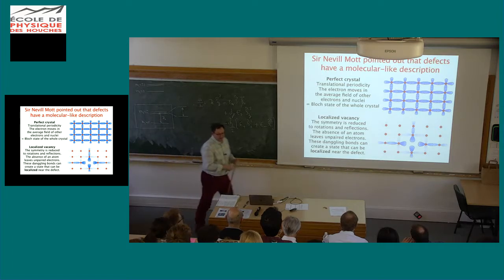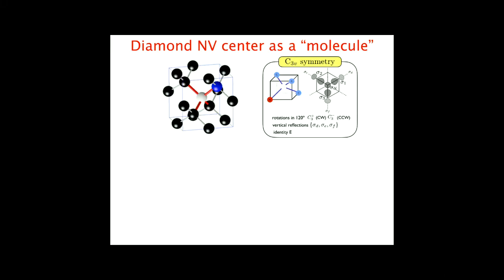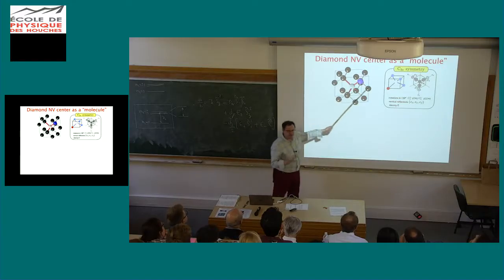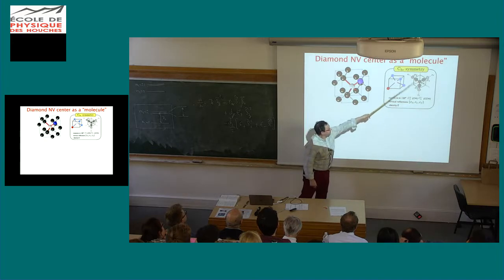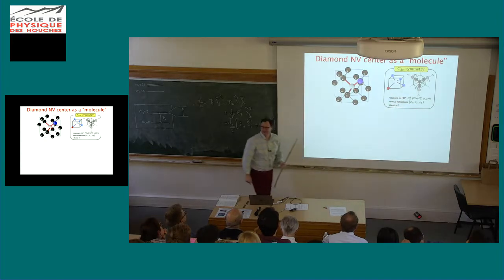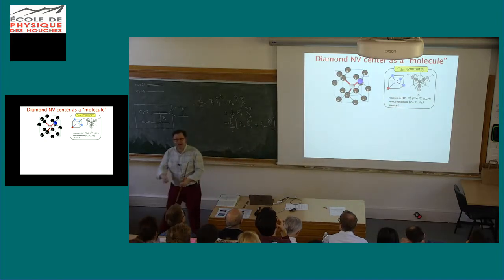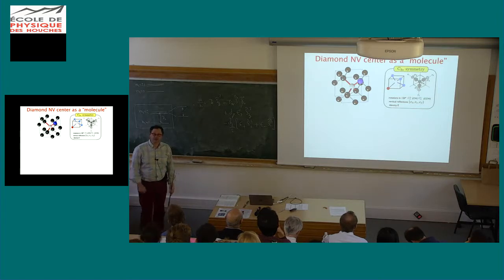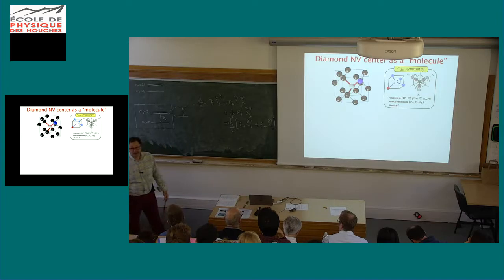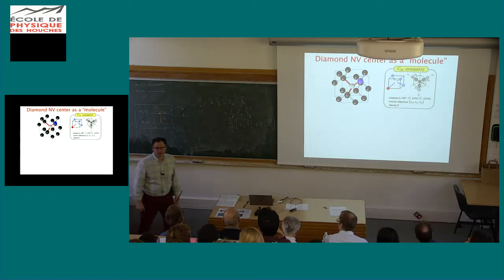This will be the topic of the talk tomorrow, where we will try to describe the NV center really as a molecule built from all these dangling bonds. We will see how we can combine these orbitals to reproduce exactly the structure that we have here.